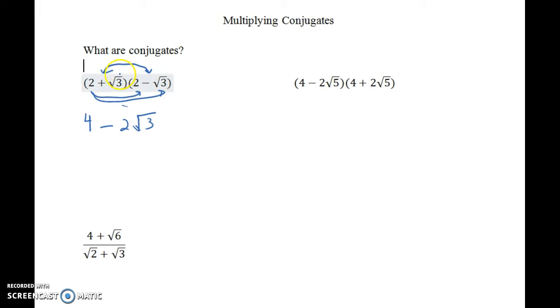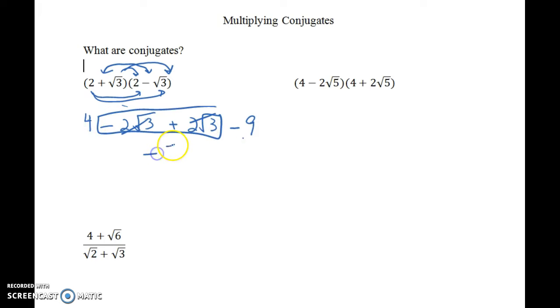And then we do the square root of 3 times 2, which is positive 2 times the square root of 3. And square root of 3 times square root of 3, and if you remember, we have the negative there. That gives us negative 9. These two inner terms cancel out. So we're left with 4 minus 9, which is negative 5.